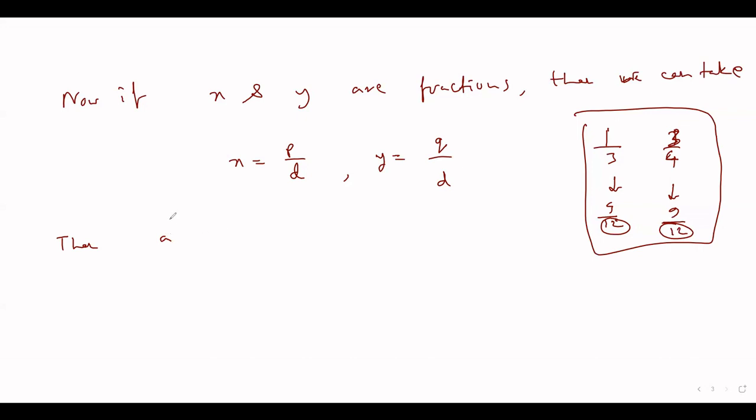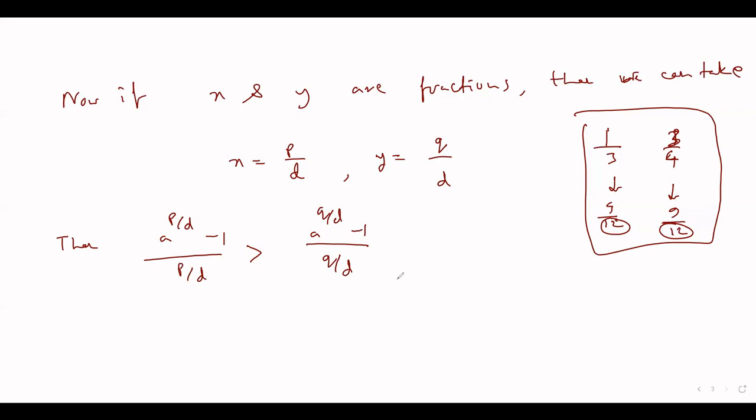What we need to prove is a to the power p by d minus 1 by p by d is greater than a to the power q by d minus 1 by q by d. This is what we need to prove, right?